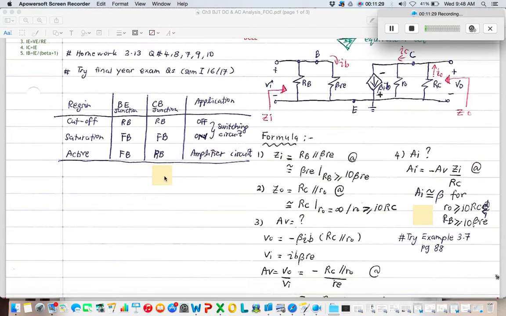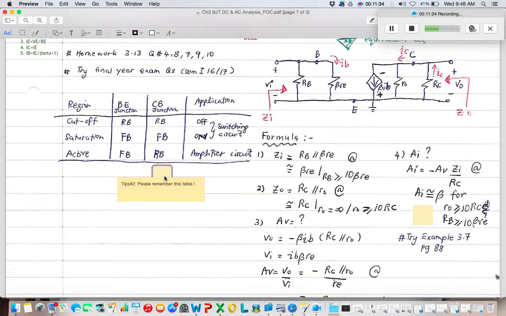Another thing that I want you to remember is this table, tips number 2. We have the cut-off region, saturation region, and active region. So in BJT, if the BE junction is in reverse bias as well as the CB junction, the BJT is in off mode. For the saturation region, both must be in forward bias, so the BJT is in on mode.